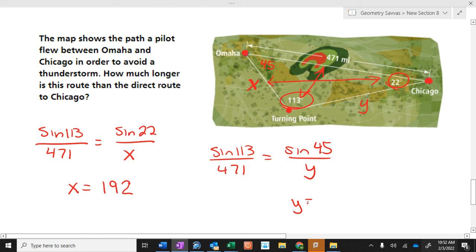What do you get? 362. So if we take 362 plus 192, we get 554, right? So instead of flying 471 miles, his normal flight path, he flew 554 miles.